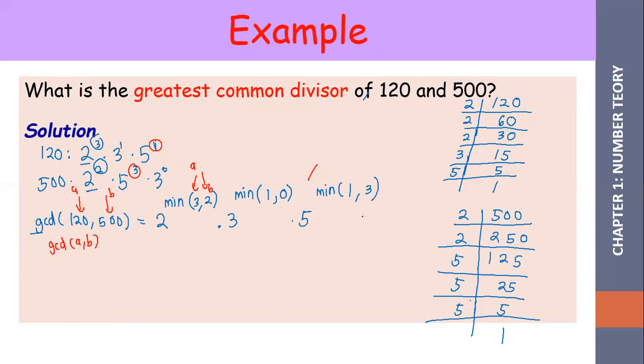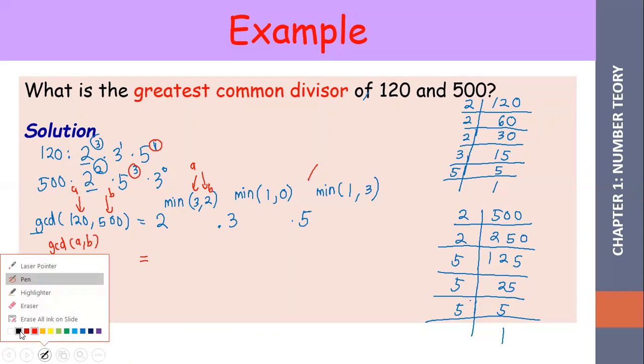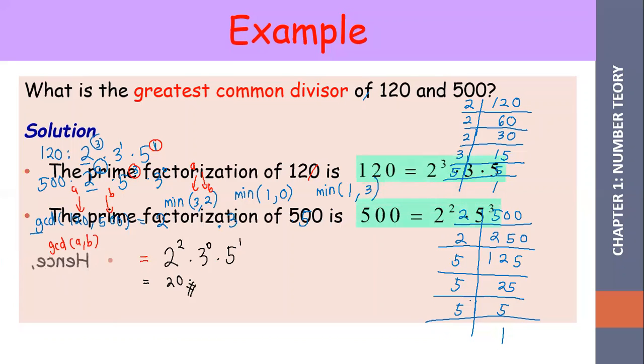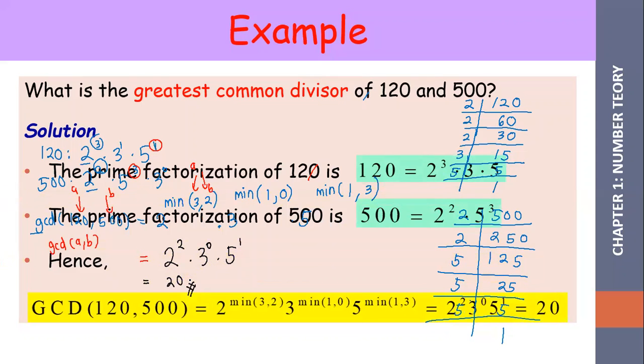All right, so we chose the minimum power. For 2, minimum of 3 and 2, what is the minimum? 2. For 3, minimum of 1 and 0, what is the minimum? 0. How about 5? Minimum is 1. So we have 2 squared times 5. 2 squared is 4, times 5, 20. So 20 is the answer.